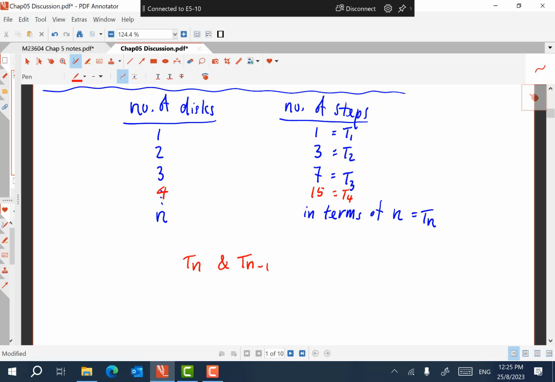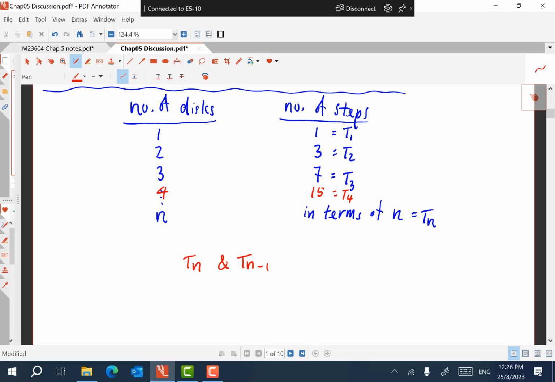To suggest this, you might want to think, what is going to be T5? So maybe if I ask Pranaya, what do you think T5 is going to be?